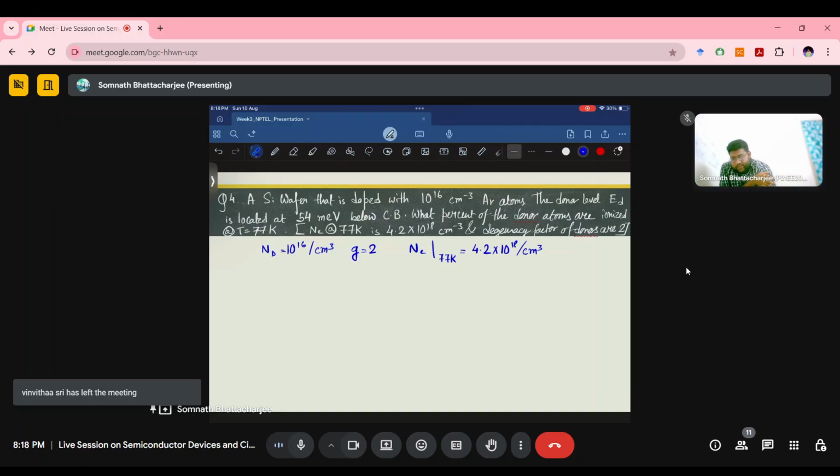So actually we need to get this. N to ND, they have written it like this. We need to get this to get the percentage, that is the ratio between the electron concentration and the donor concentration.